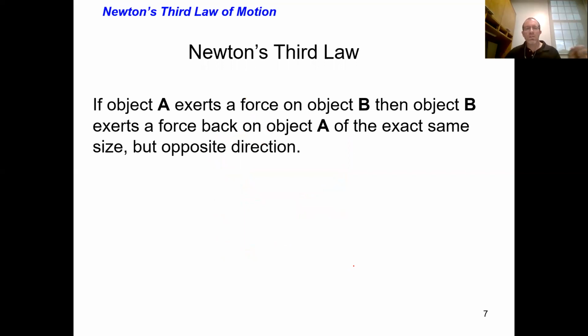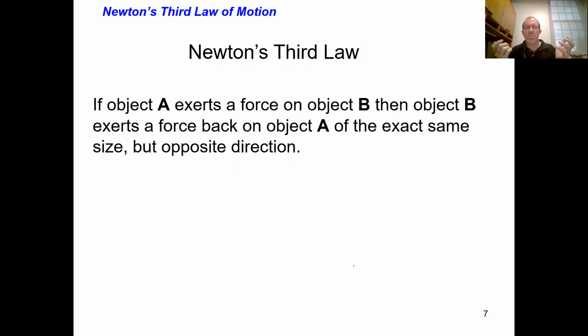Well, Newton's third law says that if I've got 2 objects, and object A here acts on object B with some force, then object B is going to act back on object A with the exact same size force, but in the opposite direction. And this could be 2 kids.